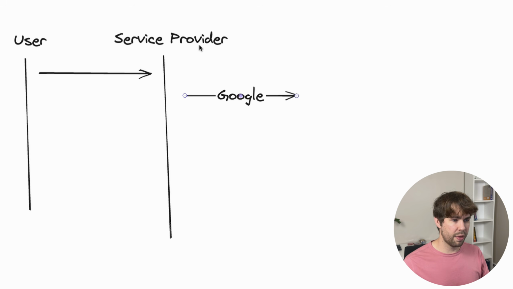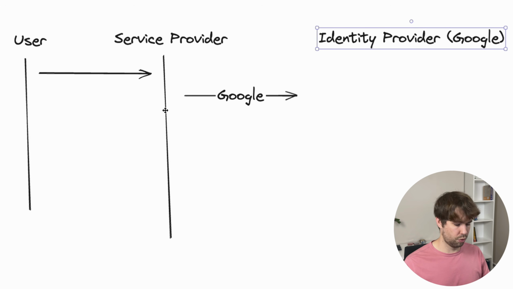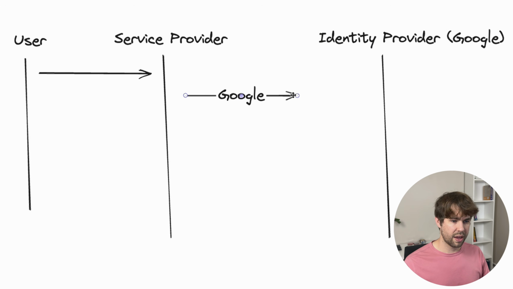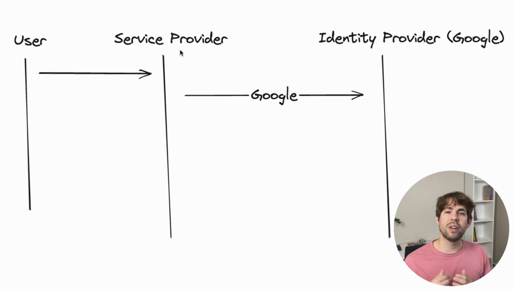And so now they're going to be redirected to the identity provider. In this case, Google. And so here, Google is going to know what your app is. Google has to know what the name is. Google has to know what the permissions you're requesting are.